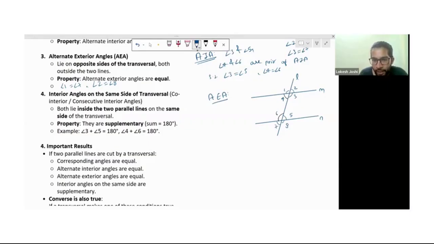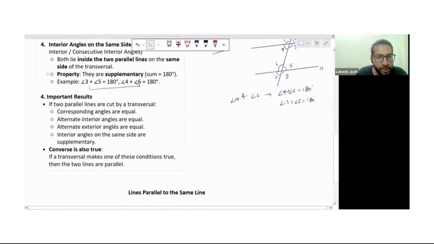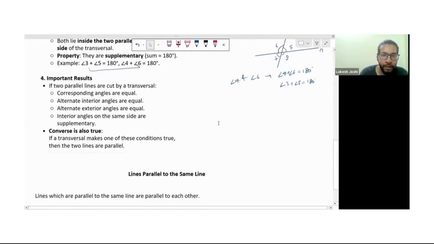So we can say angle 4 and angle 6 are interior angles on the same side, and their sum is 180 degree. Okay, and the same happens for this one, angle 3 plus angle 5 is equal to 180 degree. It's also written there.